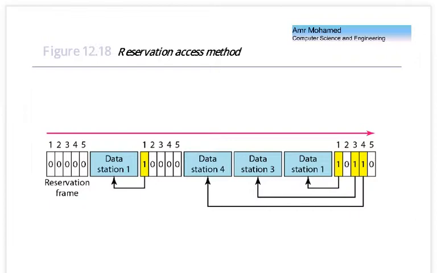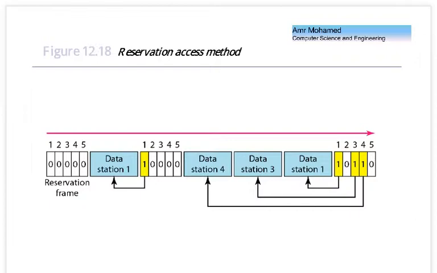Here, I know that node 1 has data to send, because these mini slots are broadcast to the entire network. So all other nodes will wait for station 1 to finish, and then after that, station 3, and then after that, station 4.